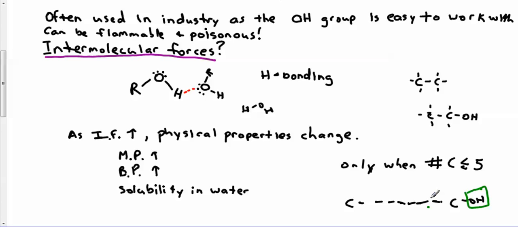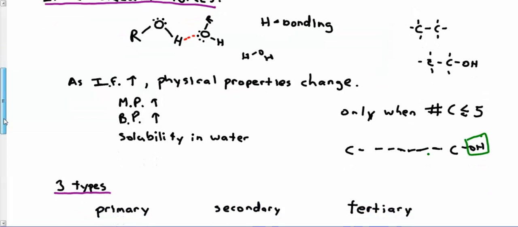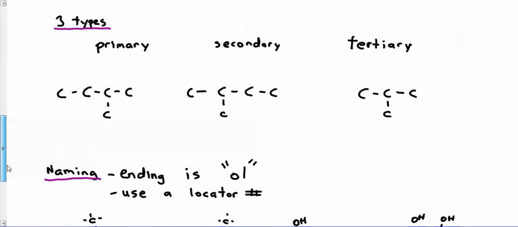And so after a while, it doesn't matter that you've got an OH sticking on the end. What becomes more important is this big, long carbon chain. And that's why we say that these properties are generally in play when the number of carbons is less than 5.